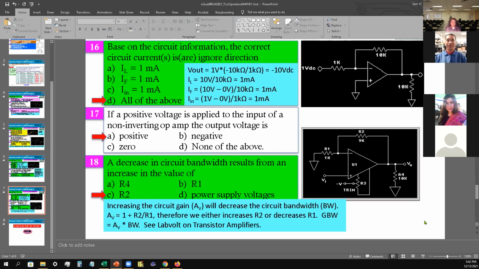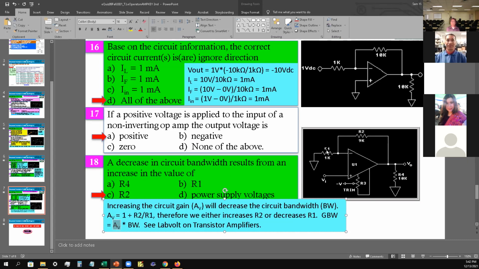Increase the gain. And on number 18, they increase the value, okay? So they want to increase here? Yes. So you want to decrease the bandwidth. So to decrease the bandwidth, you have to increase the gain. So how do we increase the gain? Now the gain has to do with R2 and R1.